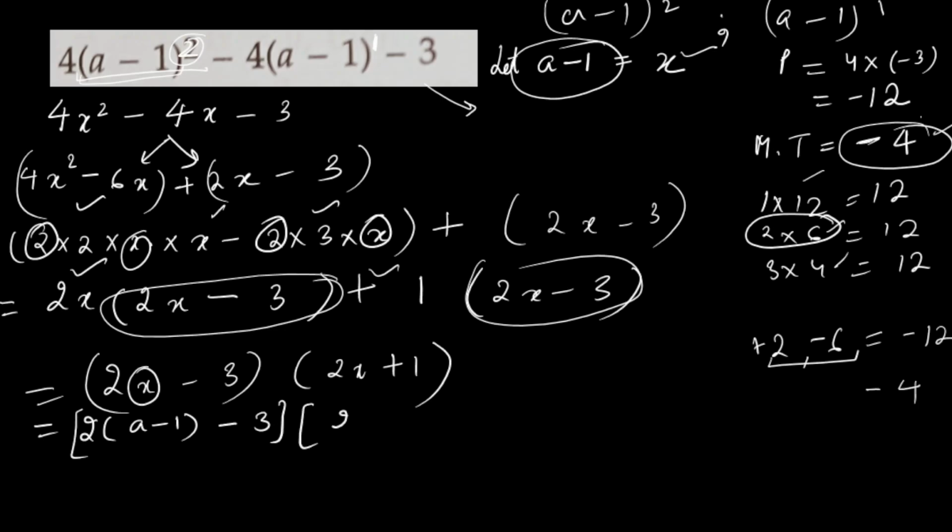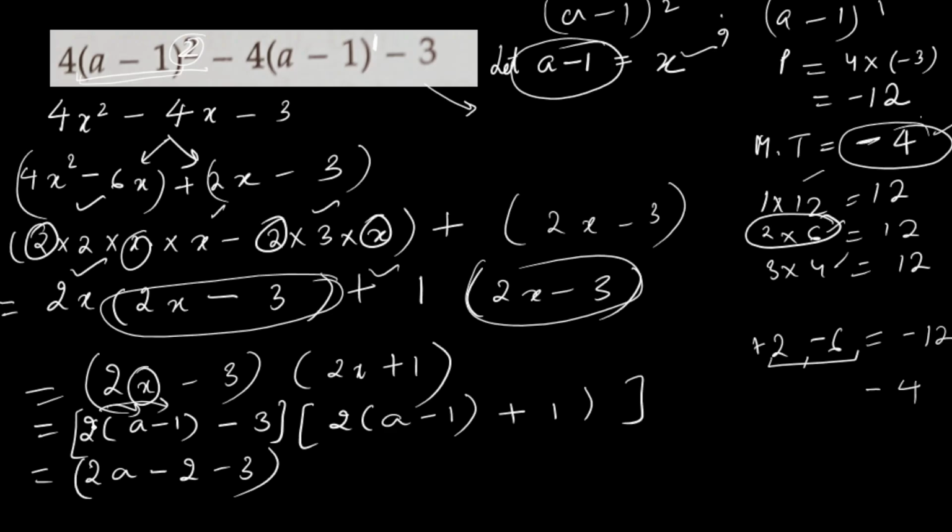So here as well, 2 into x equals a minus 1, plus 1. Now we can simplify, bracket multiplication we can do. 2 into a is 2a, 2 into 1 is 2, minus 2 minus 3, and here 2a minus 2 plus 1.